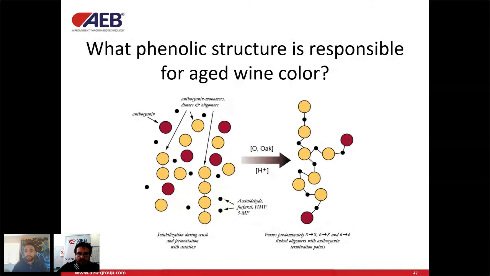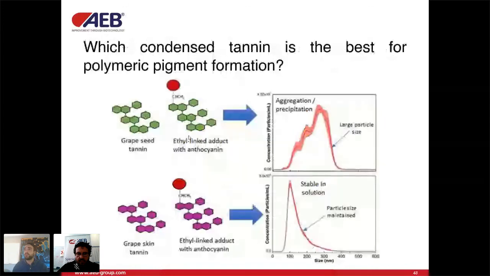color. The second question is, which condensed tannin is the best for polymeric pigment formation? And you answered seed tannins and skin tannins. In this case, I'm showing you the result of one of the latest studies using both grape seed tannins and grape skin tannins to stabilize color.